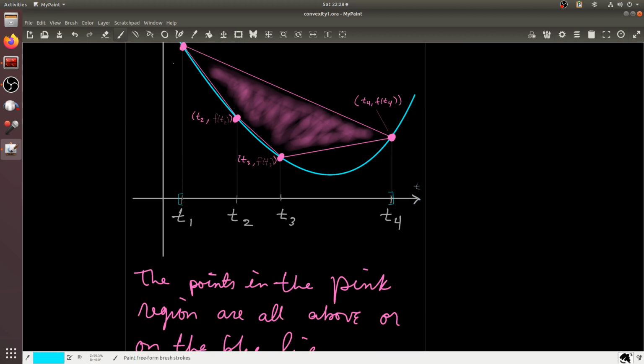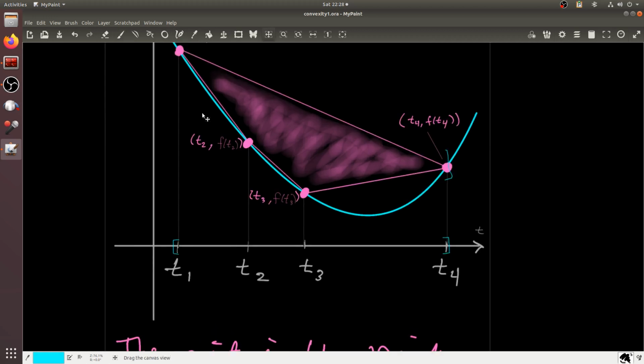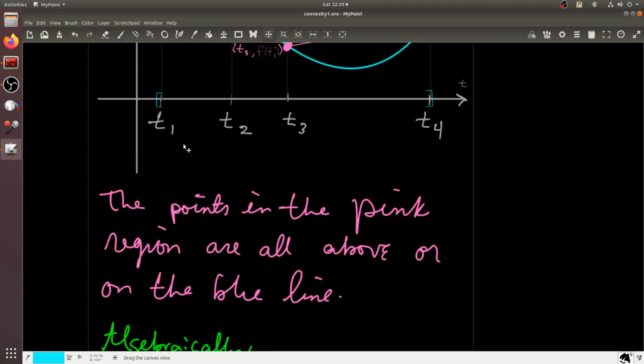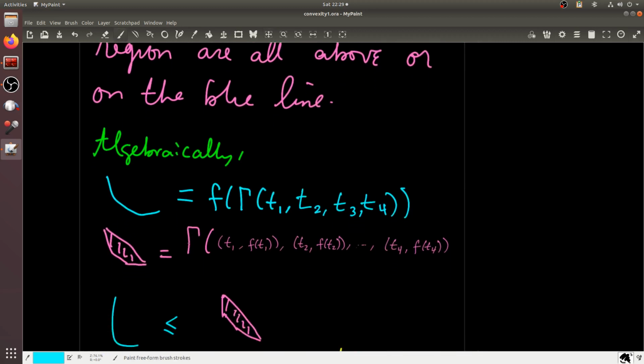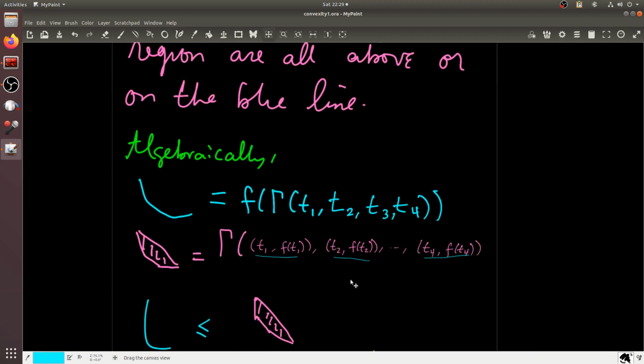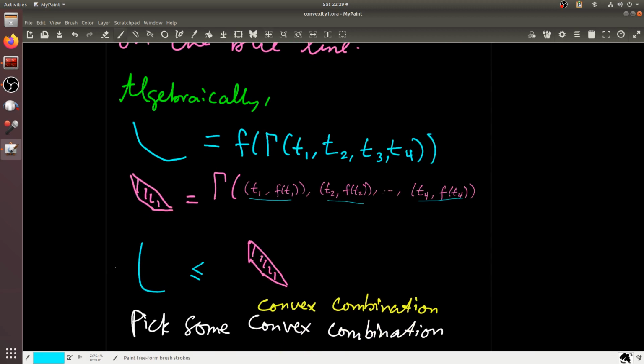But it's saying that f applied to this interval will give us the part of the curve that's here. And the convex hull of these points always lies above or on the blue region.